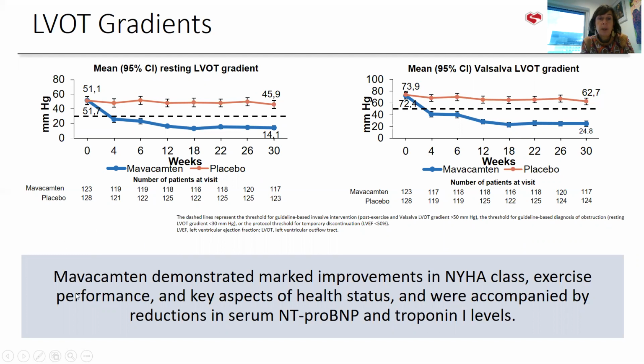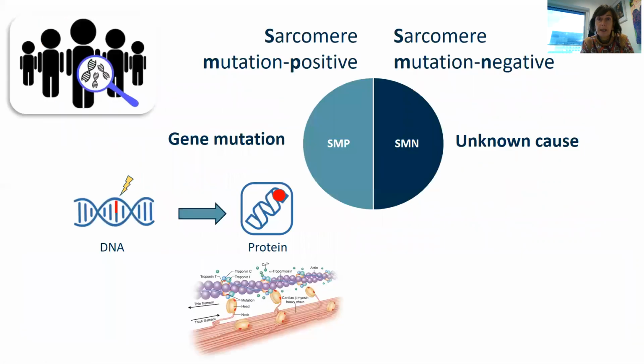But overall, mavacamten had an enormously positive effect on NYHA class, improved exercise performance, and also reduced biomarkers in the blood which are linked with impaired cardiac function. So those are promising results, having a drug targeting a mutation-mediated defect.